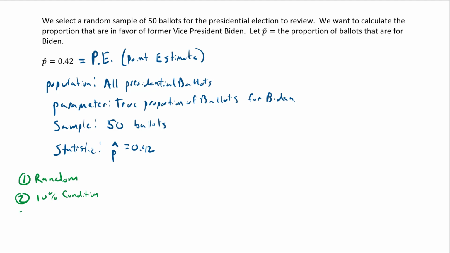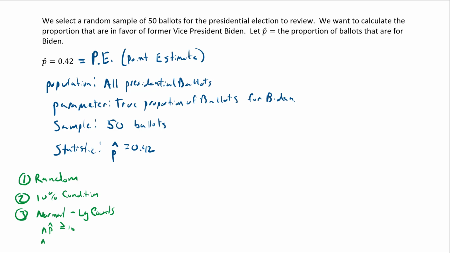Our third condition is to see if the curve is approximately normal. To find that out, we use our large counts. That is n times p-hat, and we check whether that is greater than or equal to 10.